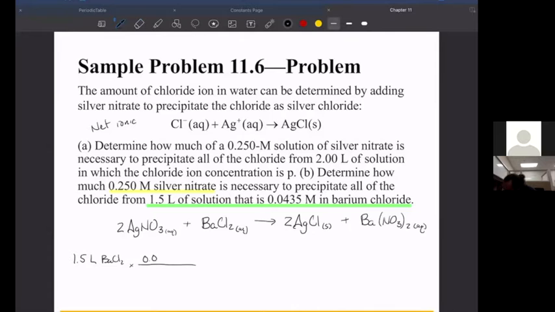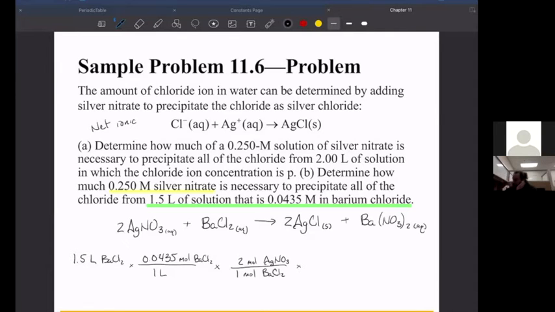So I need to put it at the top. Moles BaCl2 in 1 liter. And then I can jump, now that I'm in moles of barium chloride, I can use my balanced chemical equation, which tells me 1 mole of barium chloride will be consumed along with 2 moles of silver nitrate.